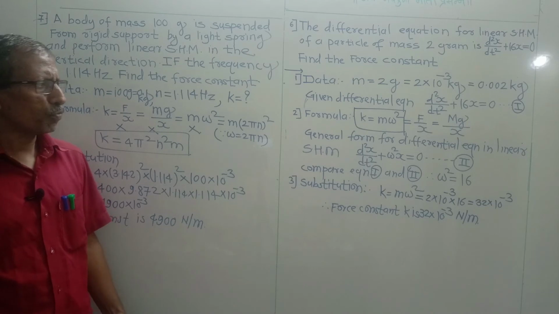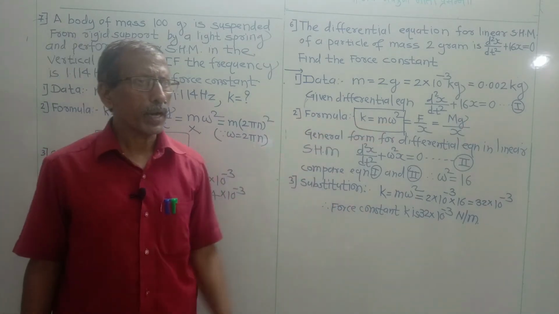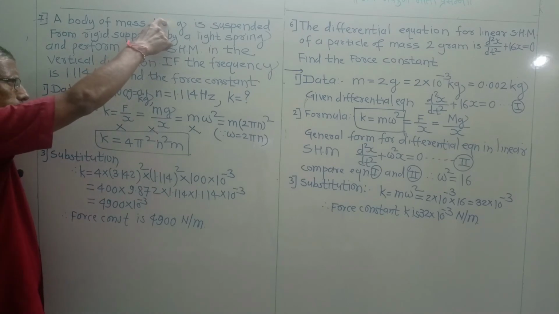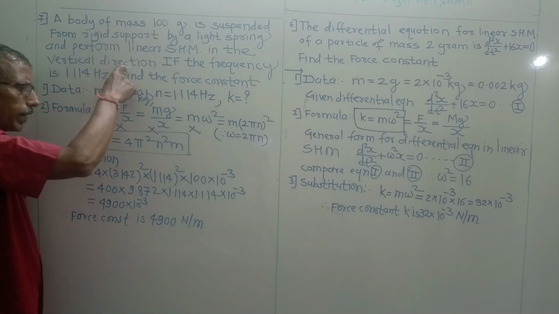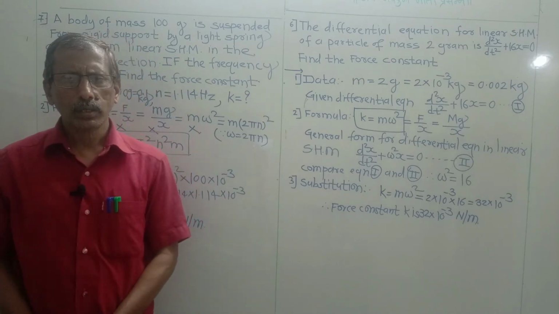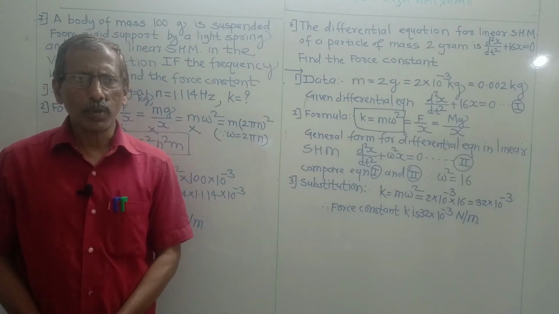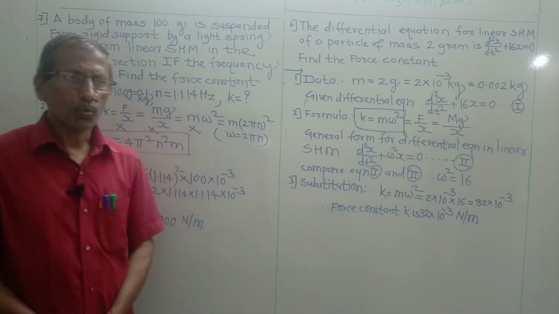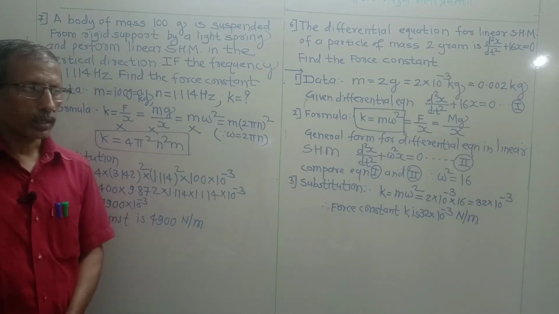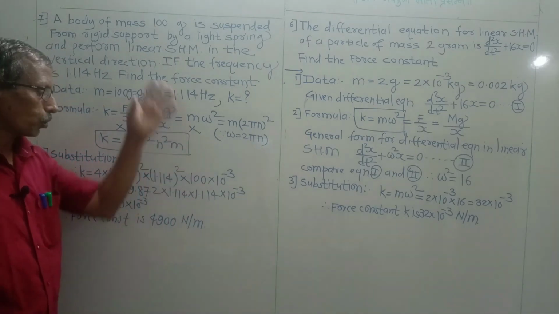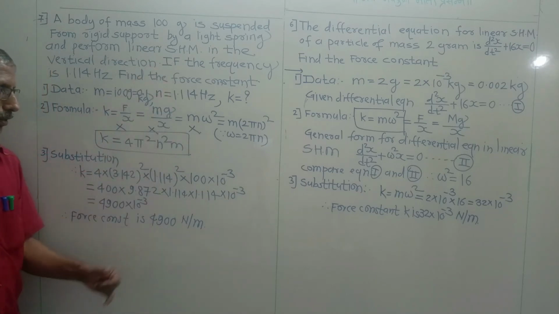If we are to find K by m omega square, when mass is given and frequency is given, at that time K is equal to m omega square. Substitute the value of omega is equal to 2 pi n. So K is equal to m into in bracket 2 pi n square, so it is equal to 4 pi square n square into m. Solve this problem and we get the answer.